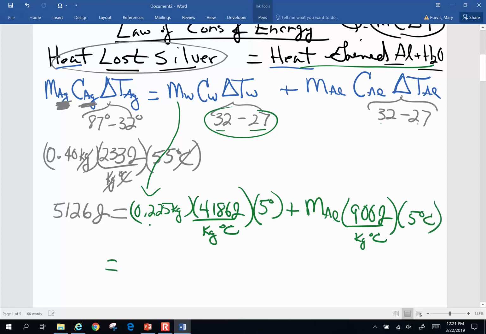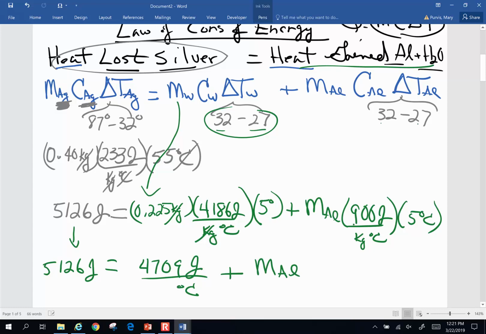Okie dokie. Let's simplify 0.225 times 4186 times 5. All of this together should be 4709 joules. Kilograms are going to cancel. Joules per degree Celsius. This comes down, so 5,126 joules, plus mass of the aluminum cup, 900 times 5, well, that's going to be 4,500.